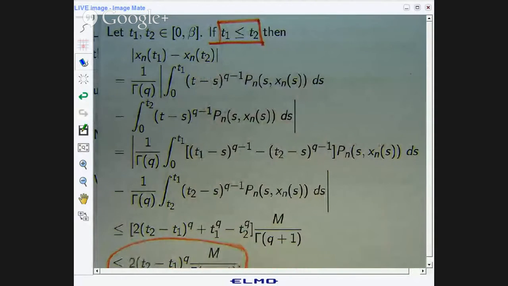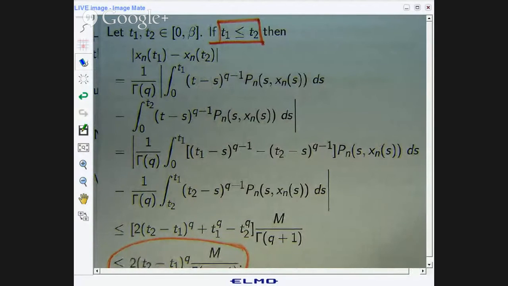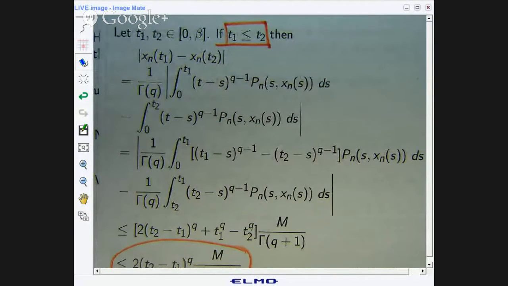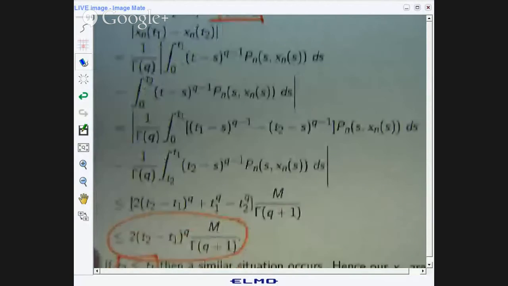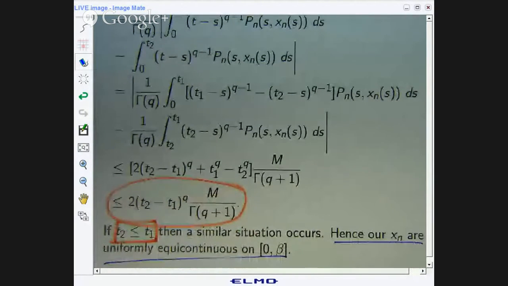Okay, so we conclude that our sequence of solutions to our polynomial problem actually has a subsequence that converges. Okay, so we're going to apply the Arzela-Ascoli theorem.